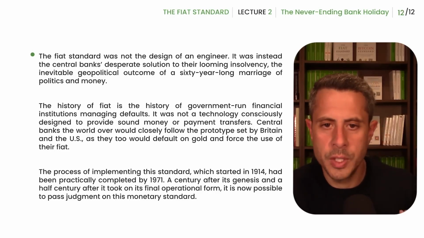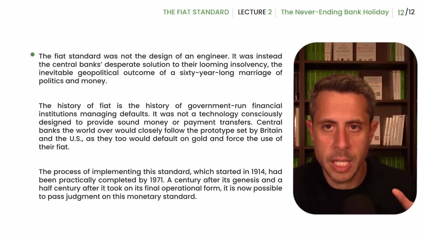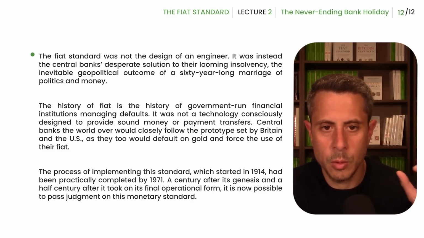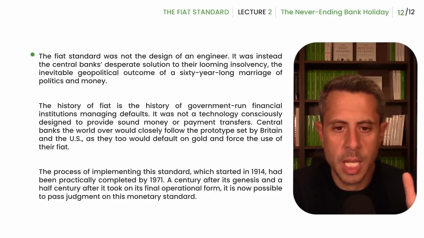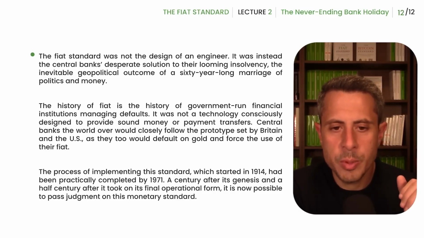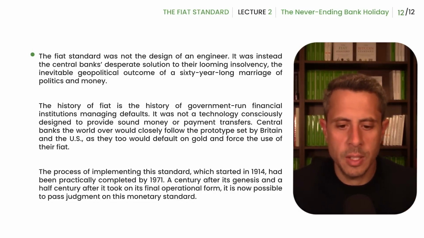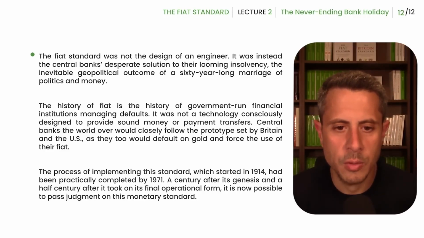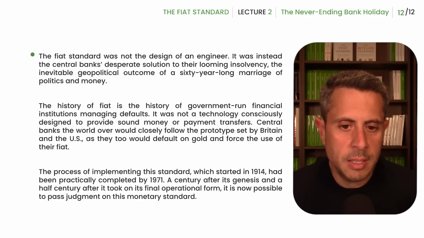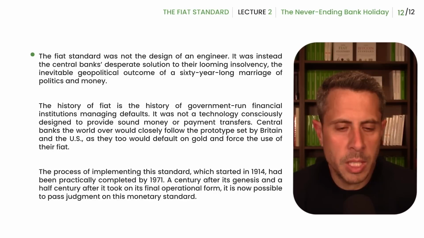The point of this chapter, the second chapter in the book, is to really arrive at just explaining the conclusion that this was not a conscious design and that this was a product of a government default. If you read economics textbooks, Keynesian economics textbooks, the fiat standard, the ability of government to control money, the idea of having the entire monetary system in the hand of the government, is presented as if it is a remarkable engineering achievement.